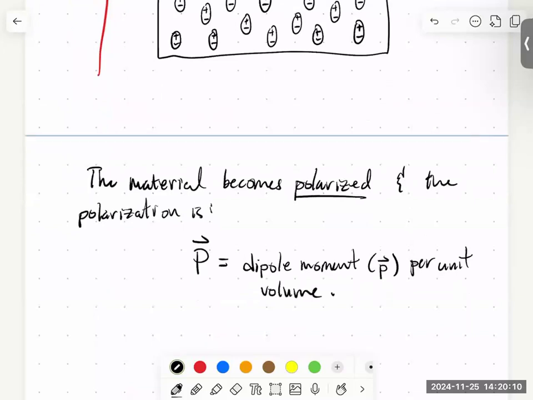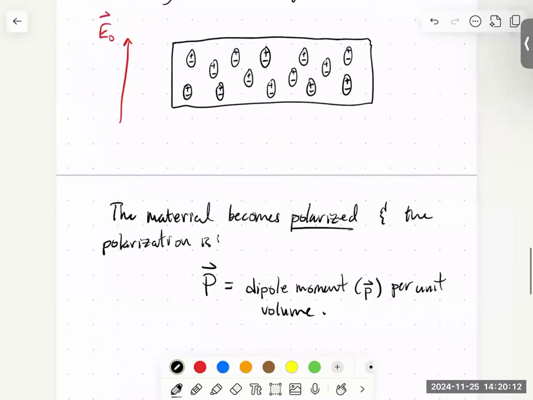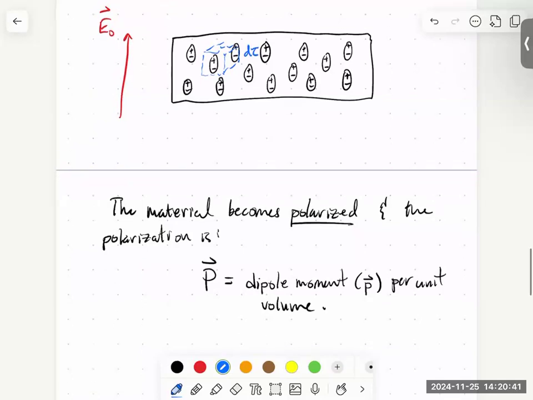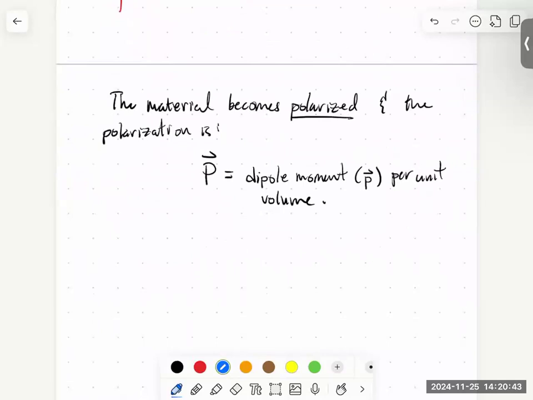All right. So what we could do is we could take a small little volume in here, say d tau. And if we were, for example, given the polarization of that material, and we took that polarization, multiply it by d tau, that should be equal to the dipole moment inside that volume, which might be due to like a small collection of these atoms that are polarized due to the external electric field.